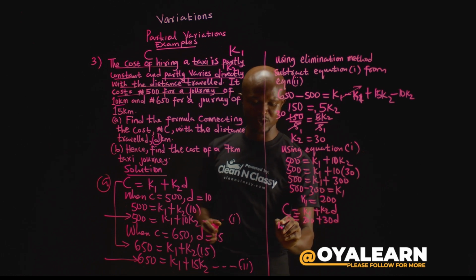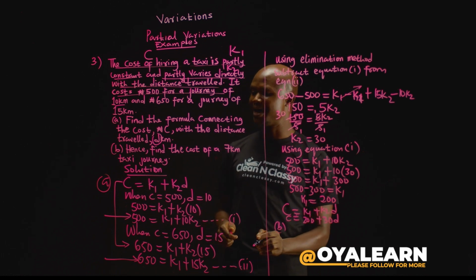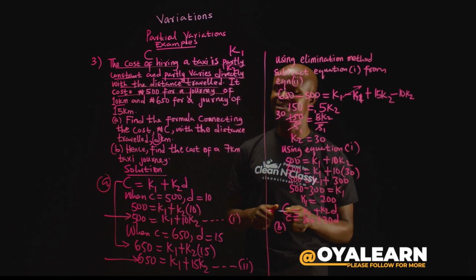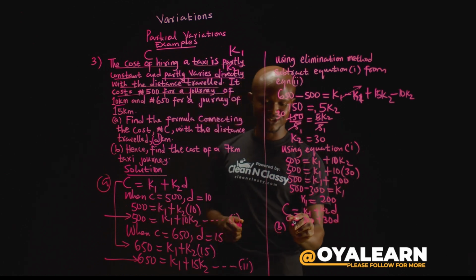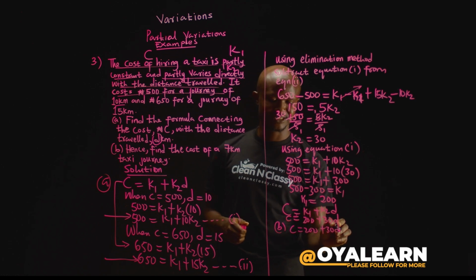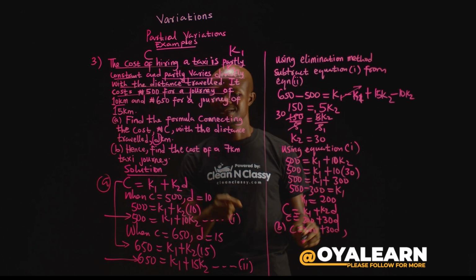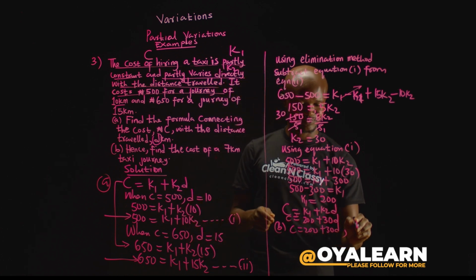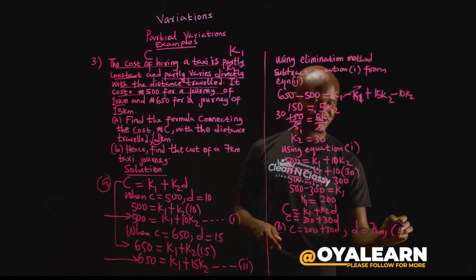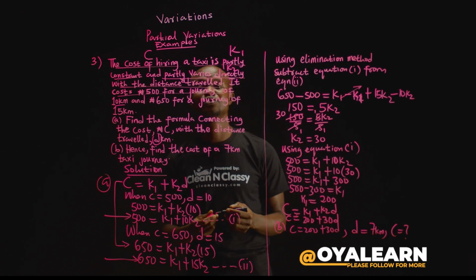Now the B part of the question: hence find the cost of a 7-kilometer taxi journey. C equals 200 plus 30D. We want to find the cost C when D is 7 kilometers.